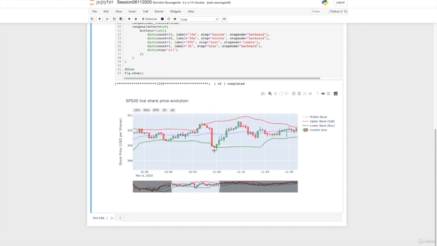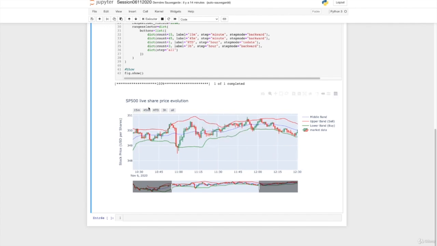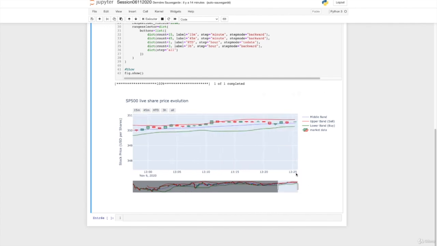But as you can see, the Bollinger Band strategy is working very well to give you a trend, in order to know if the shares are going to have a tendency to go up or to go down. And now let's focus on the last 45 minutes. What is happening? Right now the share price is like 125.